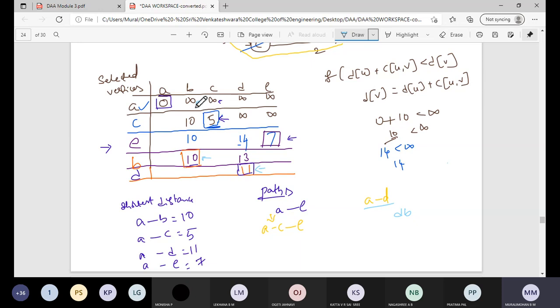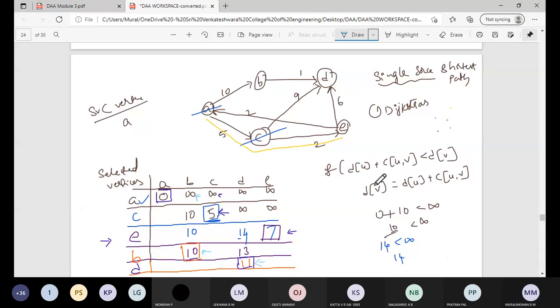Which vertex is selected there? A is selected. So now the path is A to B, B to D. Now you just check whether through this path only we got the shortest distance. A to B, B to D. From that only we are getting the shortest distance. Is it right?